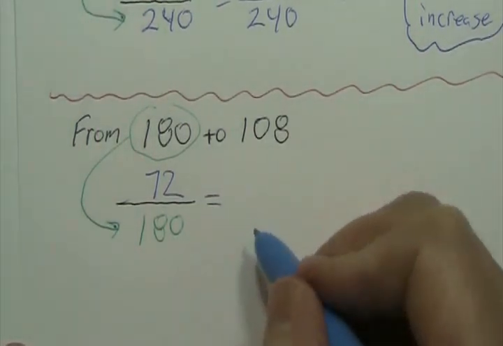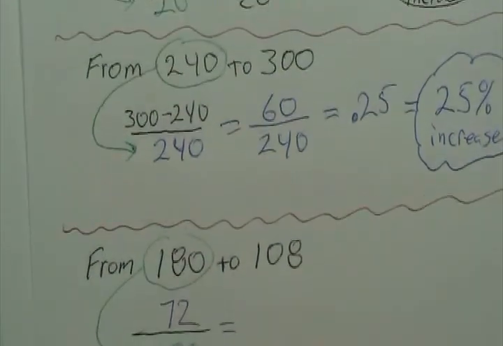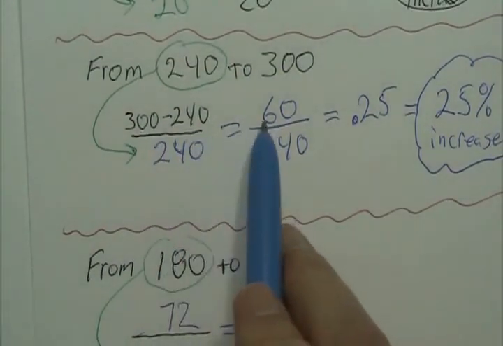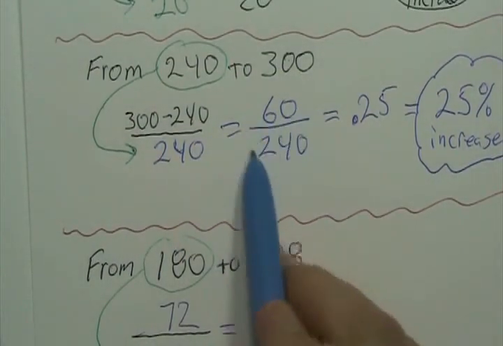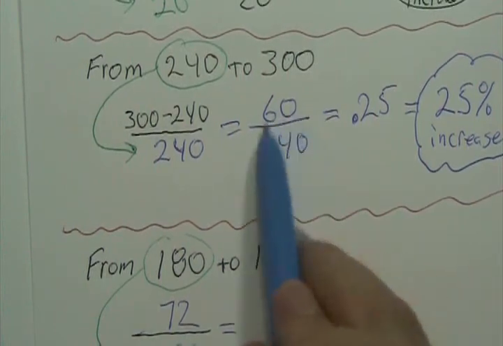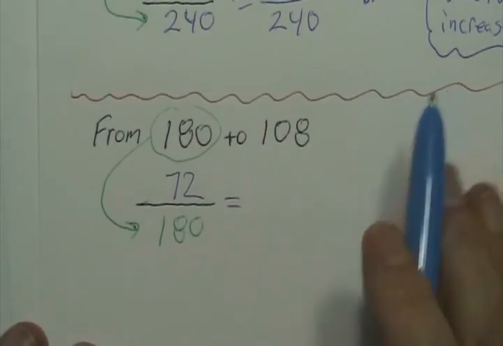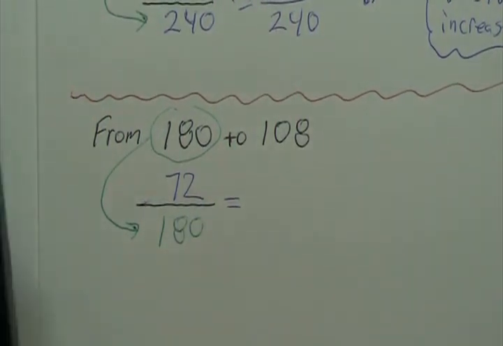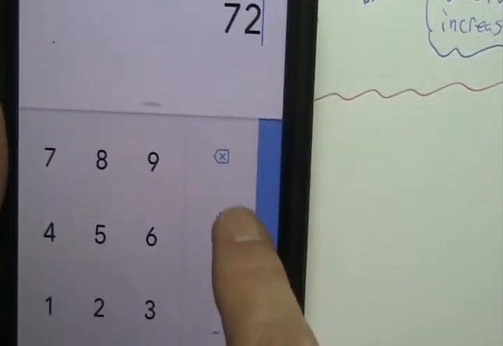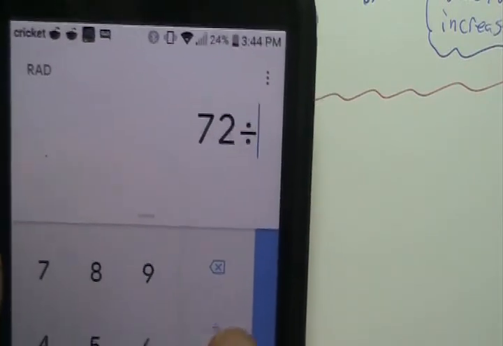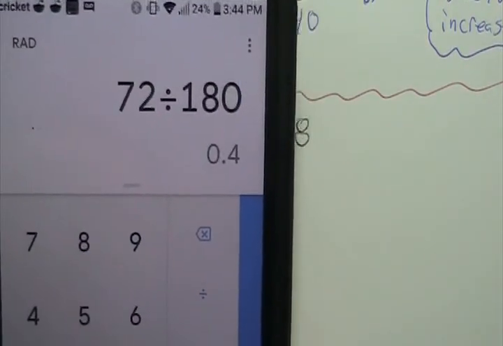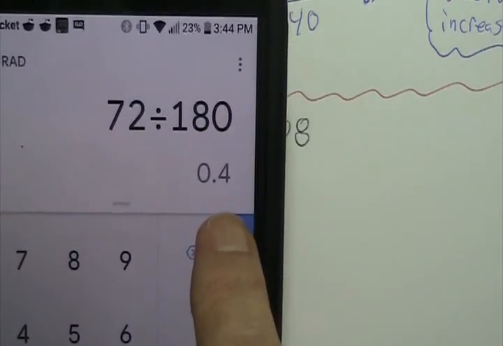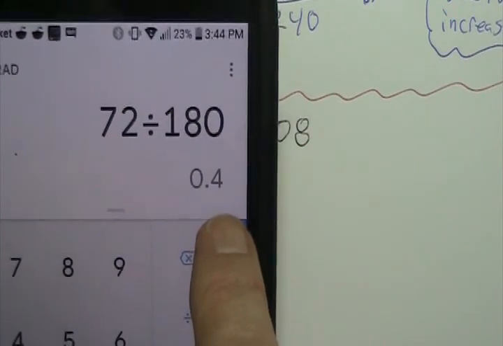All right. So I basically skipped a step, didn't I? I didn't write this out, but that's fine. This is what you really need right here. That's what you're concerned about. So I just kind of skipped that step, put it right here. I now use a calculator. 72 divided by 180. I get 0.4.